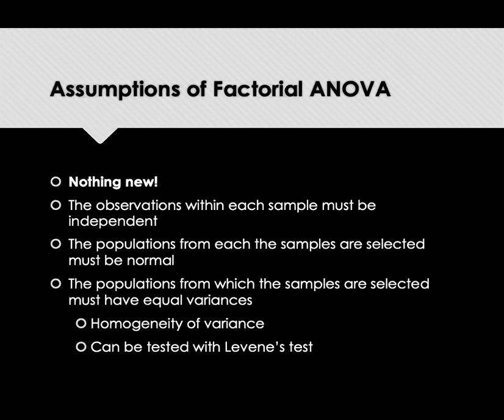And the populations must also have equal variances. This is the homogeneity of variance that we've talked about before. And in this case, it can be tested with Levene's test. And you'll probably, I think, definitely learn about that, or at least see where that comes from in SPSS in the lab lecture.